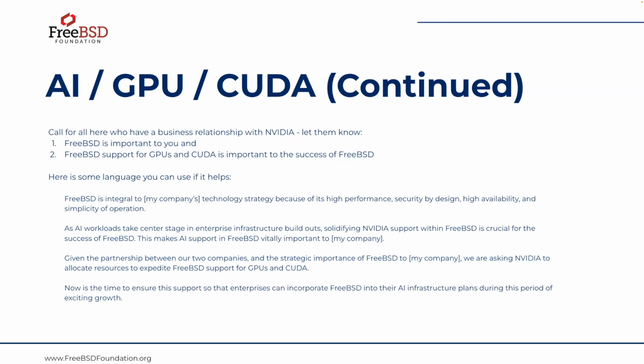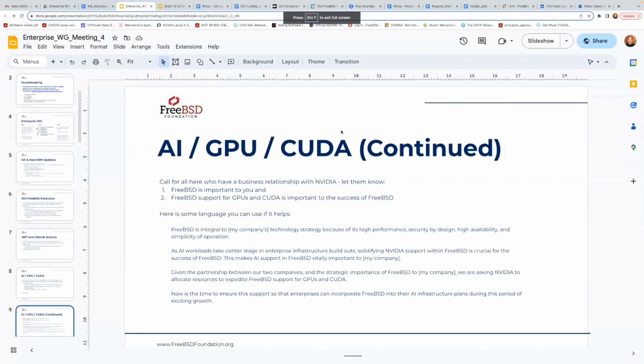Right now, enterprises are building out and making strategic infrastructure decisions to support AI. It's critically important that FreeBSD be a viable alternative for them, and for that to happen, we need this capability. So that's all I had.